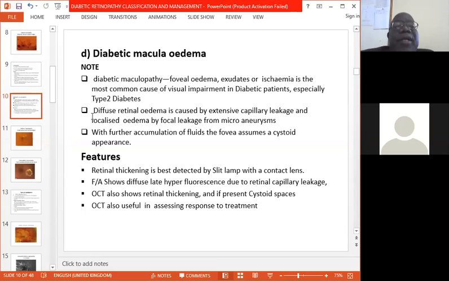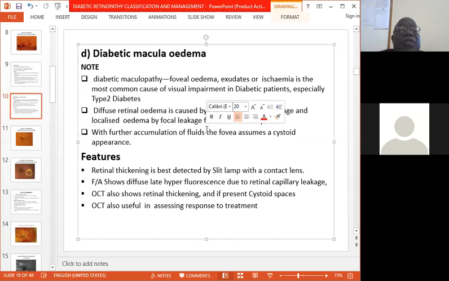Diffuse retinal edema is caused by extensive capillary leakage, and localized edema by focal leakage from the microaneurysms. You remember we talked about microaneurysms yesterday, where there's a weakness in the wall of the blood vessel and there's outpouching. Those are the small microaneurysms of the vessels we're talking about. Leakage can occur from those. With further accumulation of fluid, the fovea assumes a cystoid appearance.